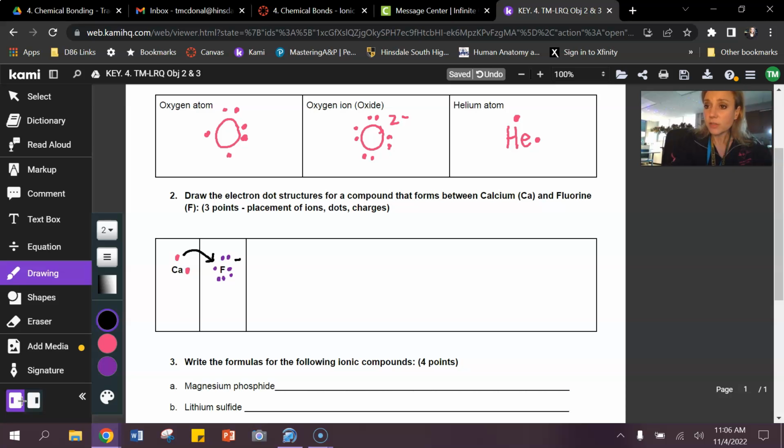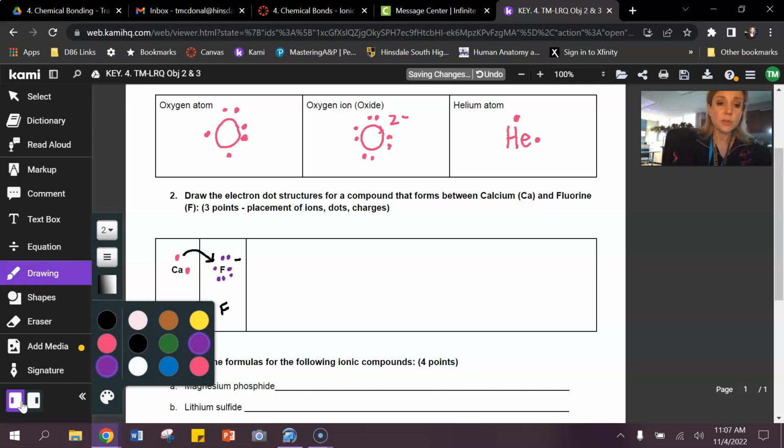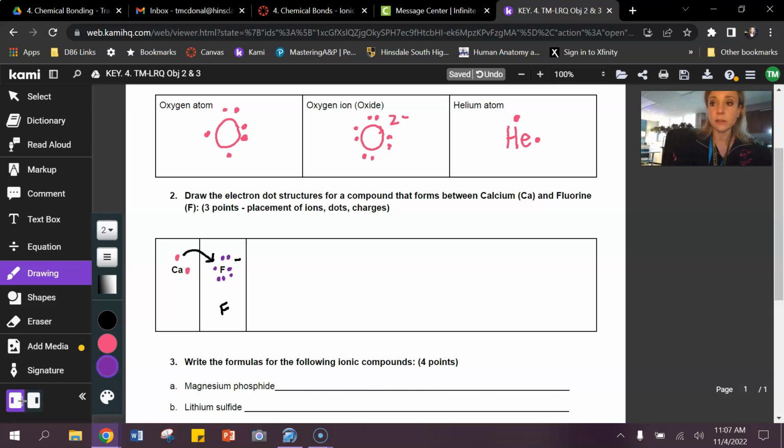Our calcium lost 1 electron, but we're not done, because calcium, remember, is a metal, and metals have to lose all of their valence electrons in order to achieve a full shell. So our calcium needs another place to have its last electron go to. So we need to draw another fluorine, because we're making a compound that's only composed of calcium and fluorine.